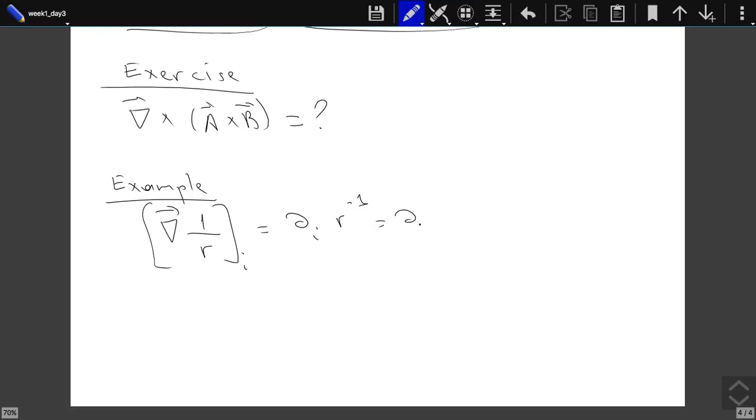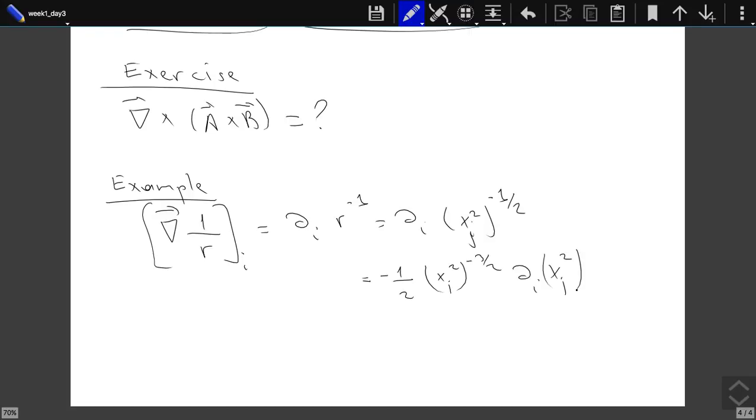Or let's write this as del i of xj squared raised to the power minus 1/2. This is equal to minus 1/2 times xj squared raised to the power minus 3/2 times del i of xj squared. I just use the chain rule.